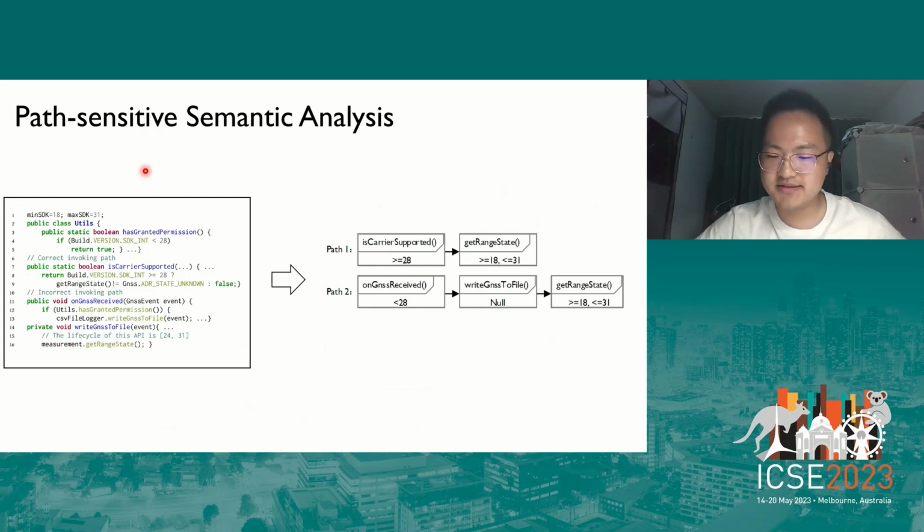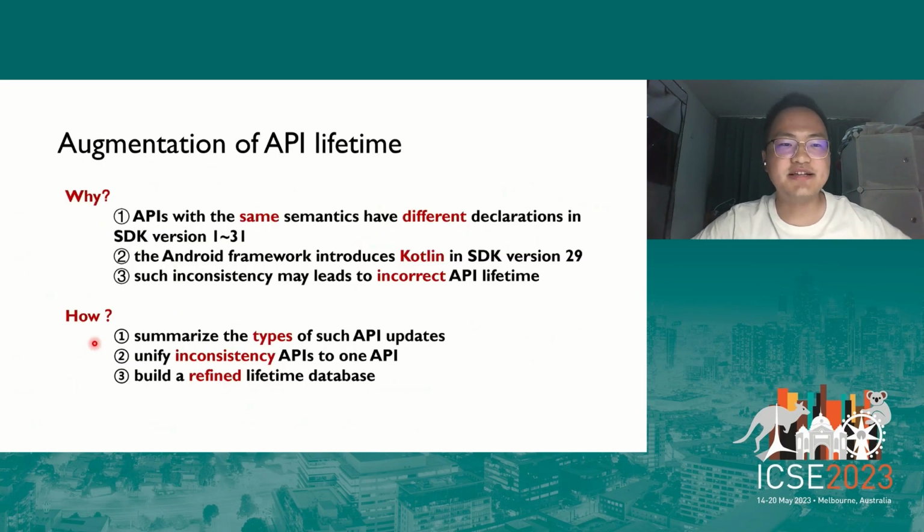PSJoy performs a CFG-based analysis to match those check patterns with the API or the record method in the path. Besides summarizing and analyzing those 4 check patterns, we also summarize the API lifetime augmentation. This slide shows why we augment the API lifetime. First, we found that APIs with the same semantics have different declarations in SDK versions 1 to 31.